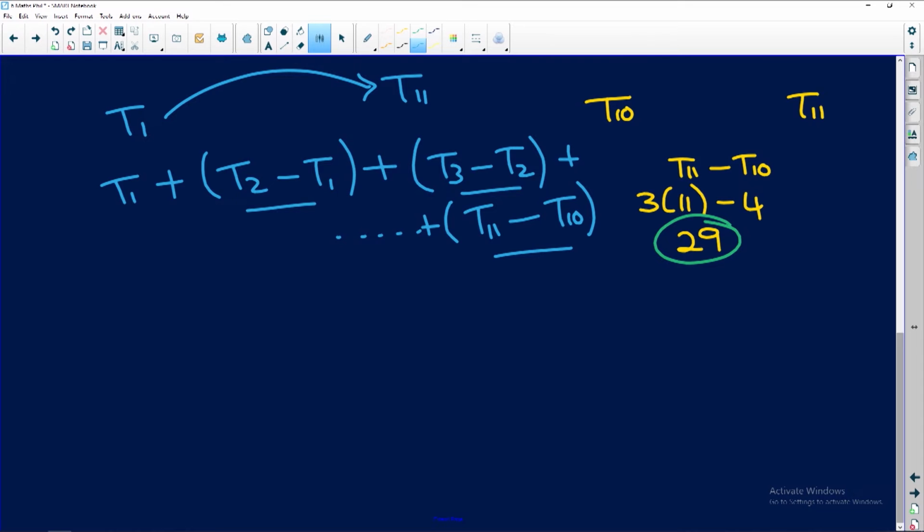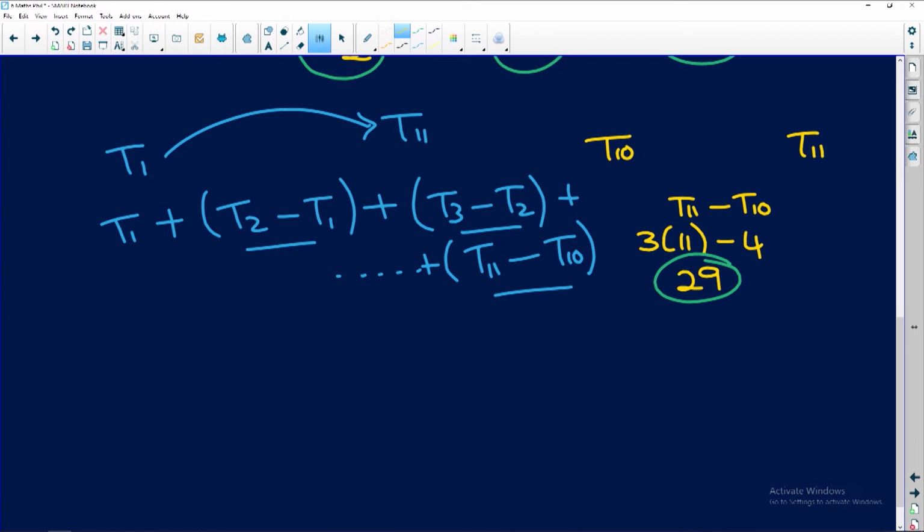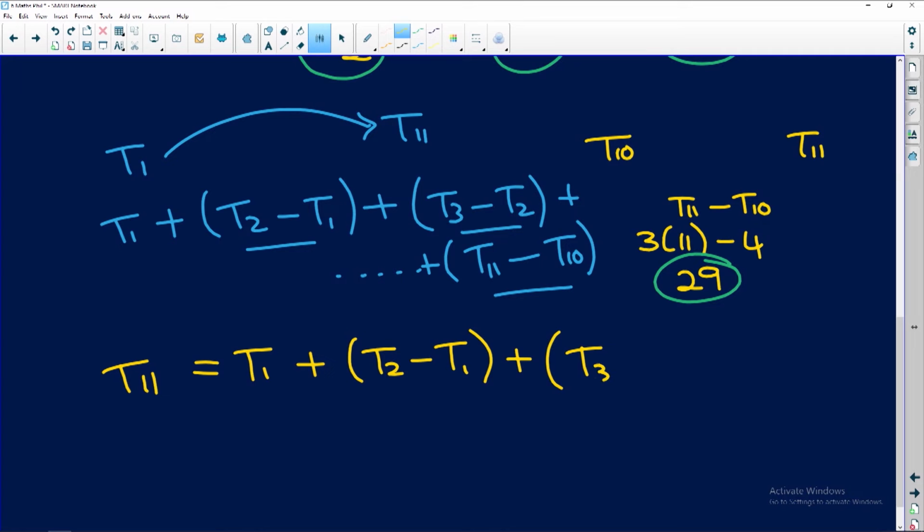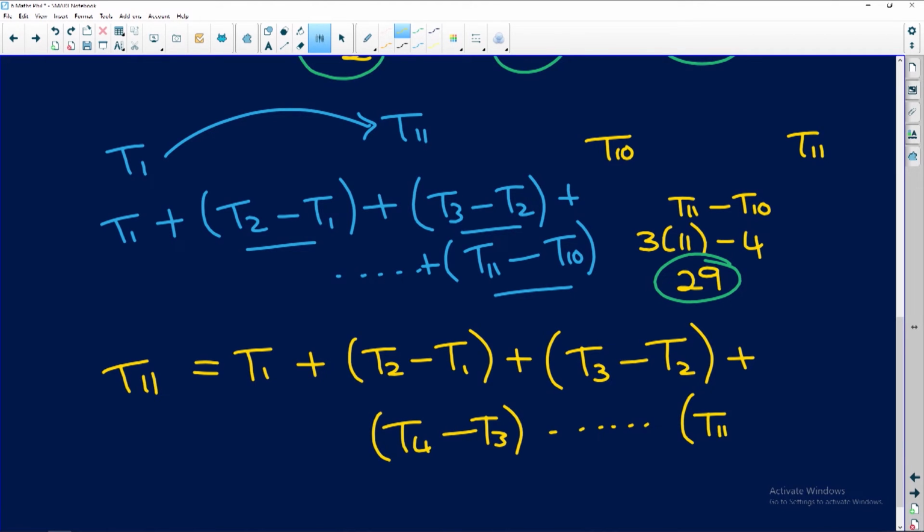So, to write this as an equation, term 11 is equal to term 1 plus all of the differences between the terms. So, term 2 minus term 1 plus term 3 minus term 2 plus term 4 minus term 3 all the way to the difference between term 11 and term 10. Okay, and that will get me to term 11.